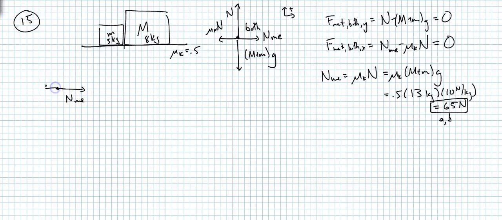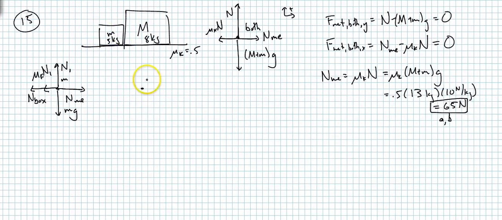Backwards, we have a friction force, mu sub k times the normal force on the little box, and the normal force on the little box is based on its weight, right? Because this is just for little m. Also, the big box pushes back against it. I'll call this n box. This is the normal force between the boxes. Imagine yourself in the place of this little box as you're being pushed forward. Friction's pulling you backwards, but also you're being squished against this box, so that box is pushing you backwards as well.